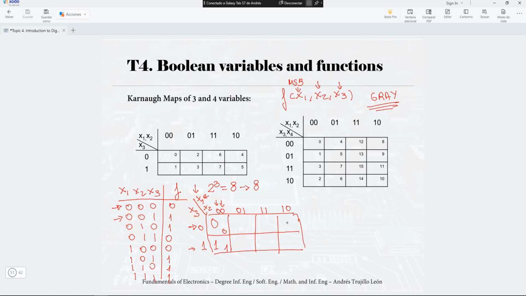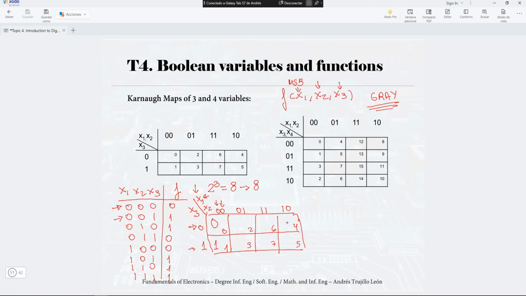When you start using the Karnaugh map, I suggest you write in the corner of each cell the combination of the truth table, because it's going to help you make the correspondence between the truth table and the Karnaugh map. So this is going to be 0, 1, 0 is 2, 0, 1, 1 is 3, 1, 1, 0 is 6, 1, 1, 1 is 7, 1, 0, 0 is 4, and 1, 0, 1 is 5.